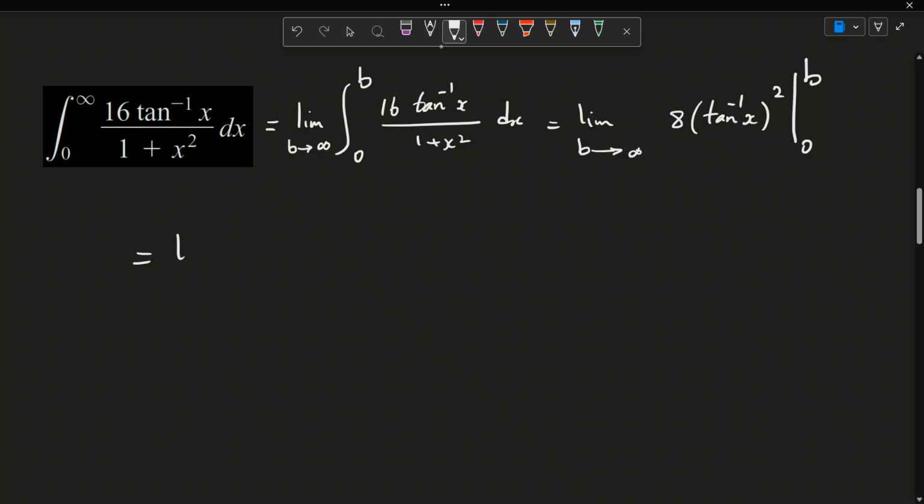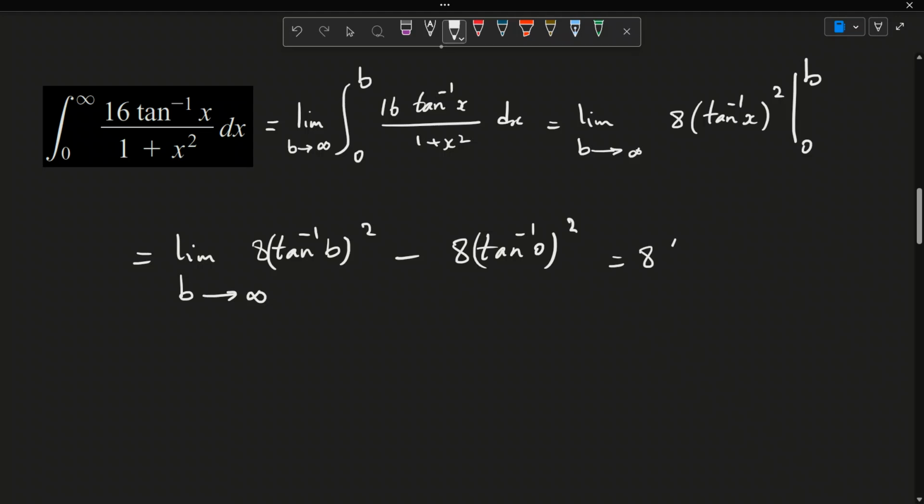And then we write the limit of 8 times tan inverse b, there's a square here, when b approaches infinity, minus, at the lower limit, we have 8 times tan inverse 0. So tan inverse 0 is 0, and tan inverse, when b approaches infinity, is pi over 2.